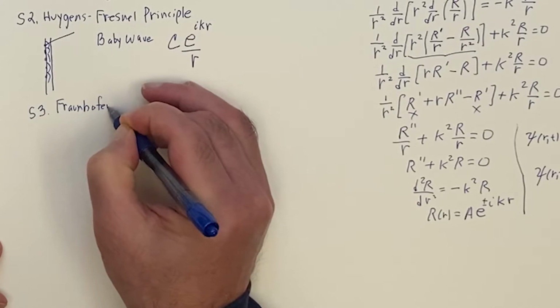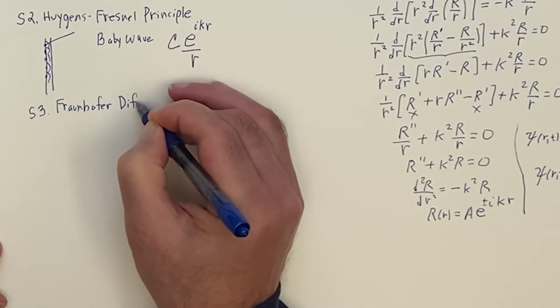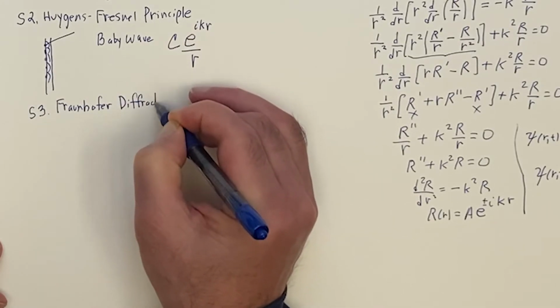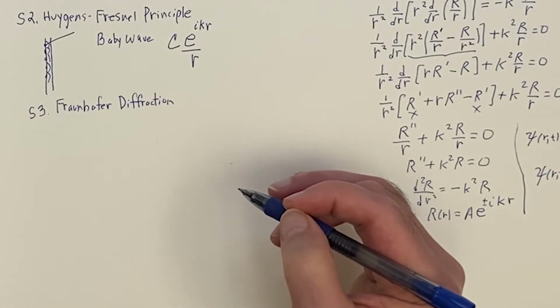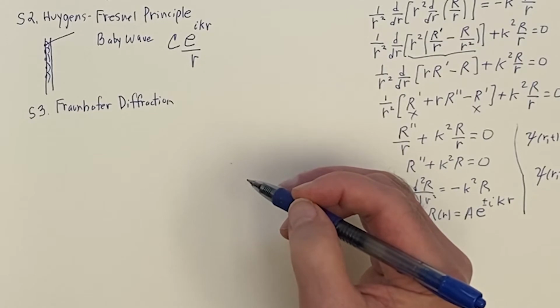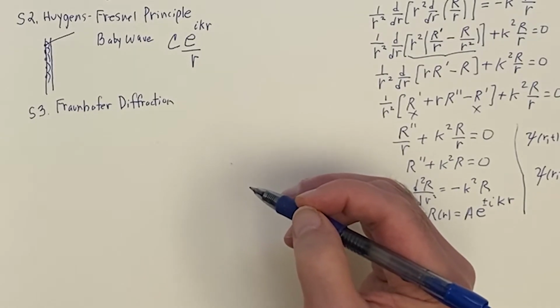Fraunhofer Diffraction. They named this after Fraunhofer, although he didn't develop these equations and this treatment, but he's such an important figure in physics and astronomy.